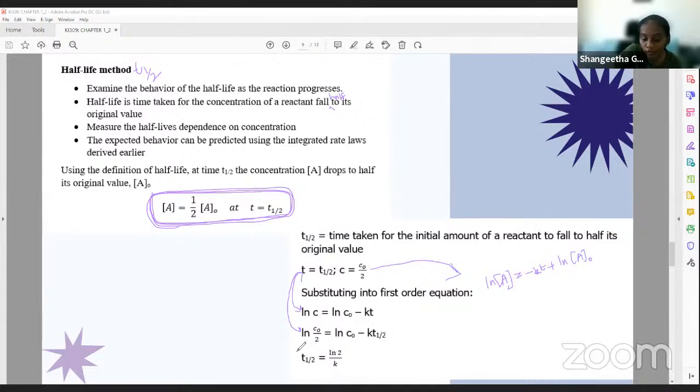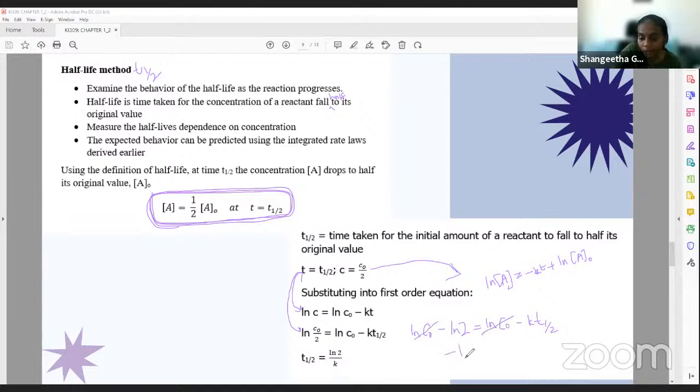So if you solve this part, just to show you, C naught over 2 minus ln C naught, remembering all the rules of ln that we learned at the start of the lesson, equals negative k t half. The ln C naught will disappear.